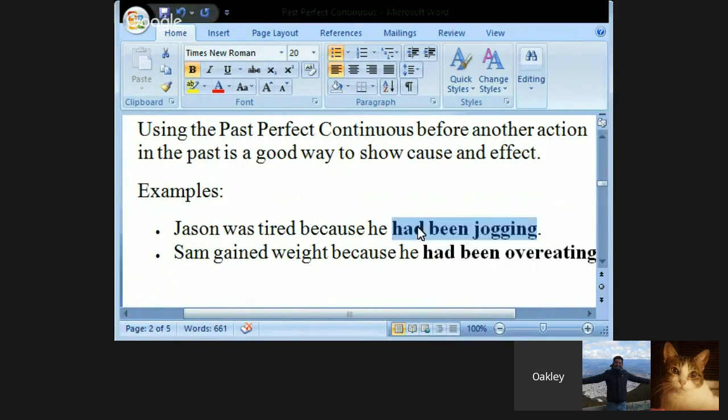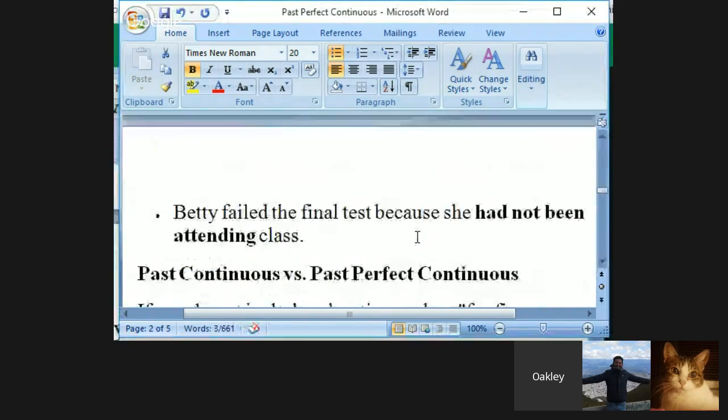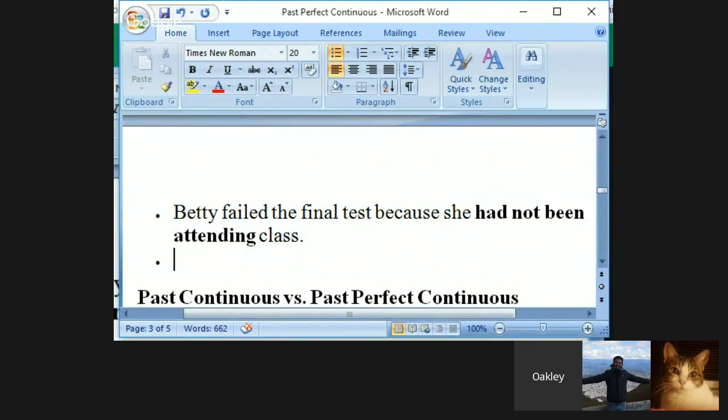To emphasize that the person had been doing this for a while, been overeating or jogging or whatever, not been doing something for a while. She had not been attending class. It makes perfect sense to use past perfect continuous here because we want to emphasize this long action that caused something else.